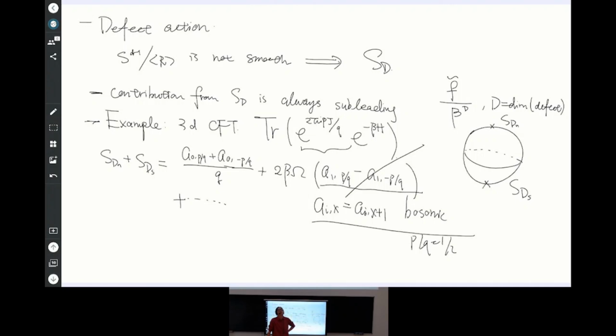I don't know what the higher dimensional version of that would be, but is that clear? Like in 2D, we know how the partition function changes under an S transform if you're computing, say, trace e to the minus beta H plus mu Q for a simple U(1), for example. Okay.